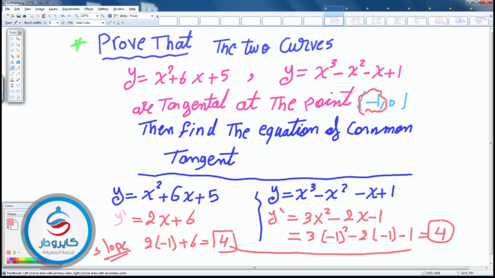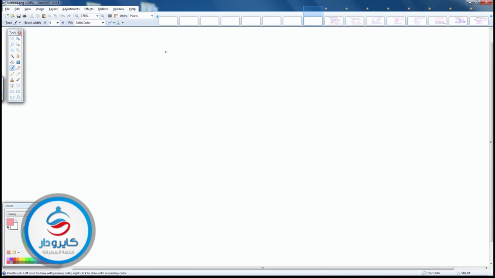So when we substitute instead of x in both derivatives for both curves using negative 1, we get the same value.